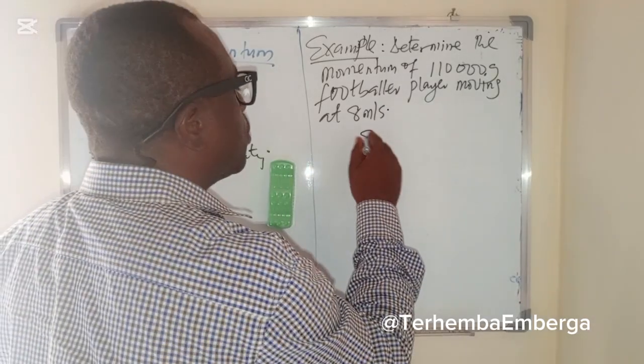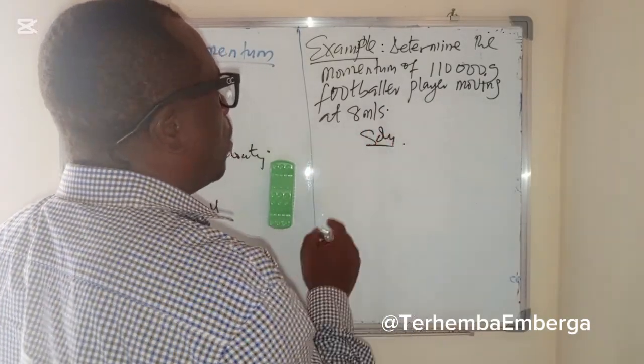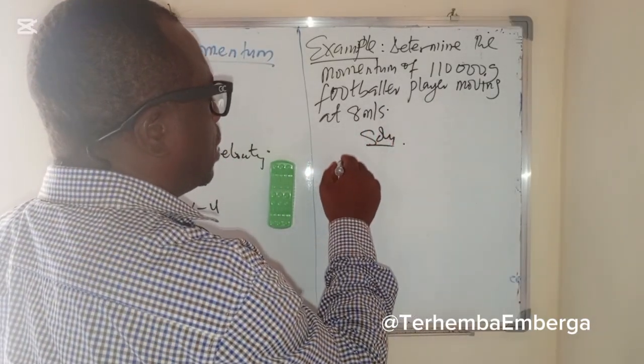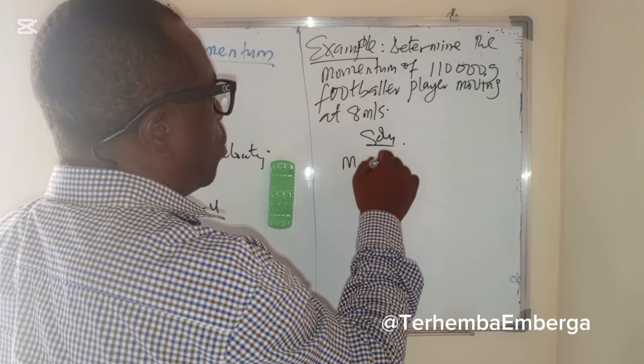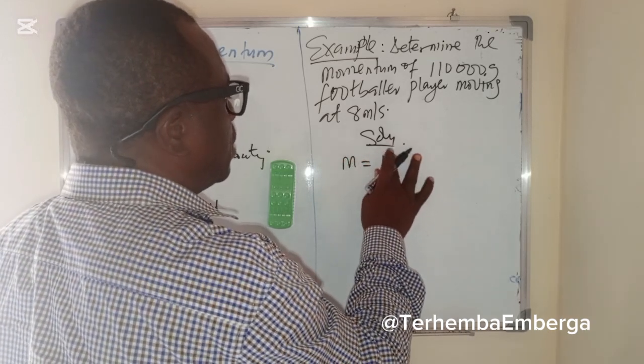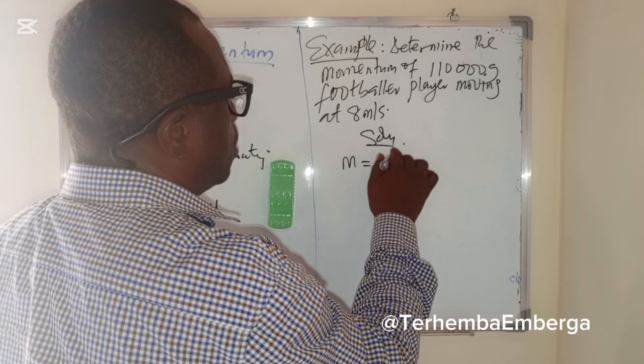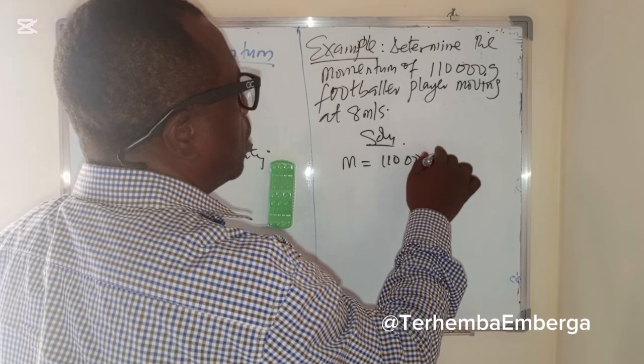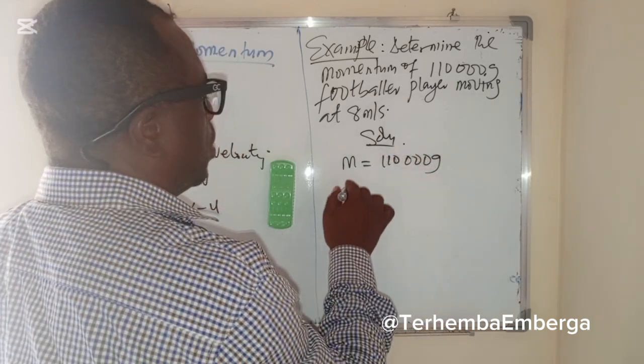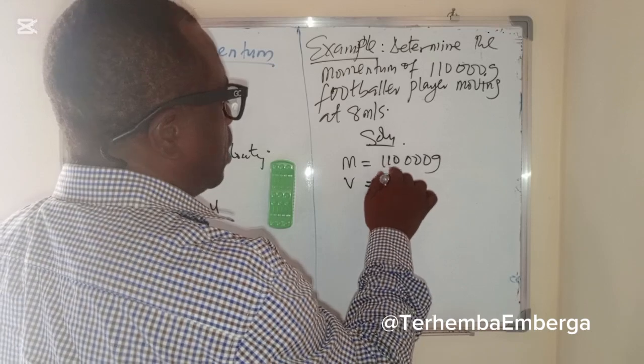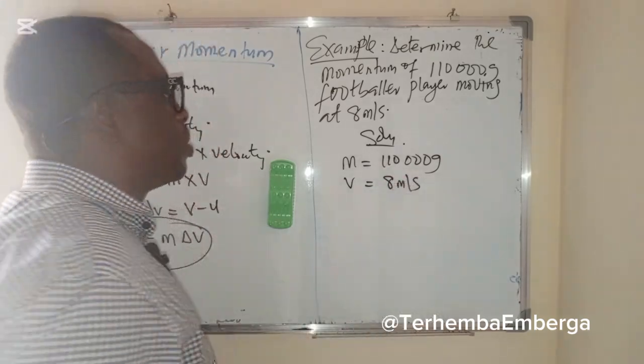Simply, we have the parameters as mass equal to 110,000 grams and V is 8 meters per second.